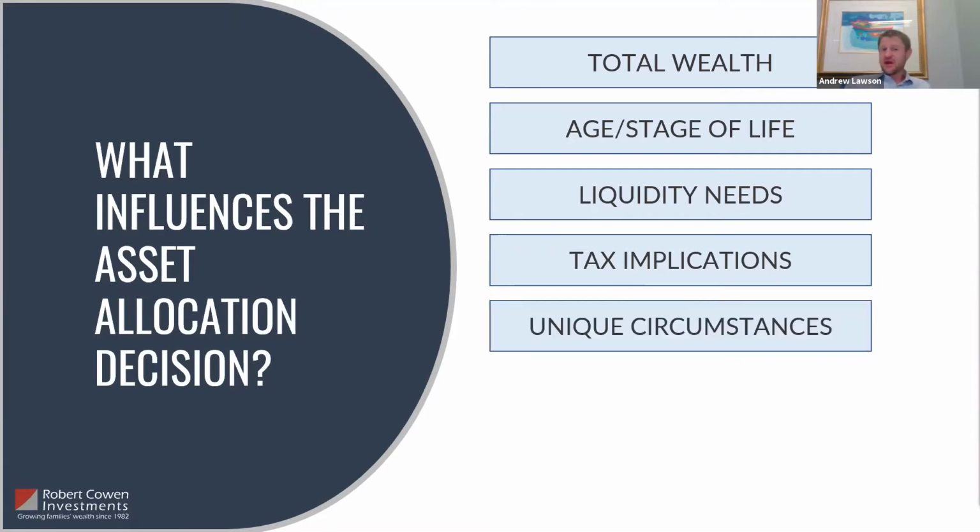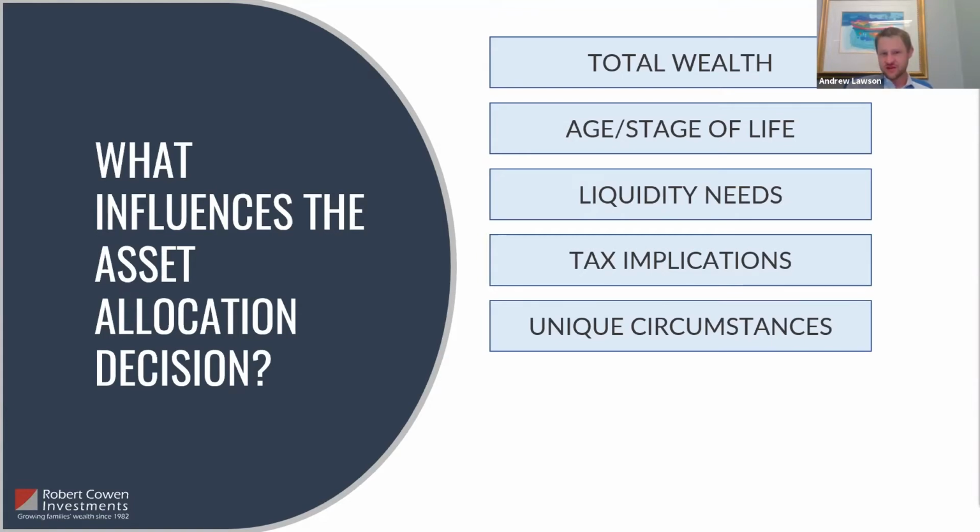The other thing that we would look at, and this is where we see lots of scenarios from a client perspective, is your unique circumstances. This could be anything from having a special needs child, or having to help look after your parents, or a sibling who was unable to work for whatever reason.